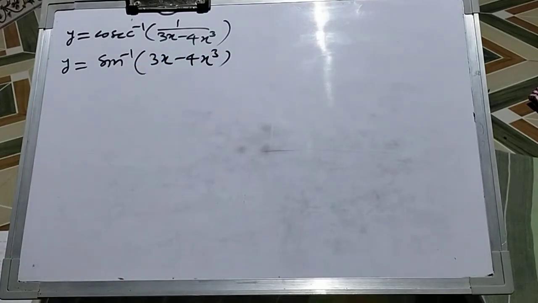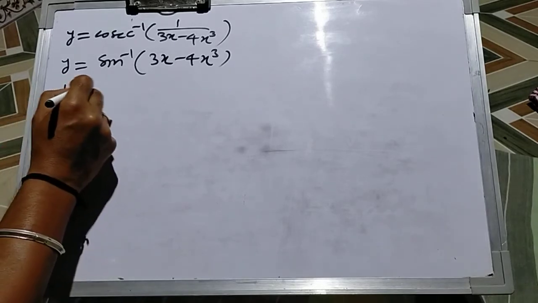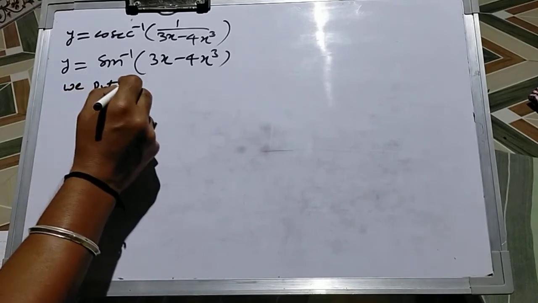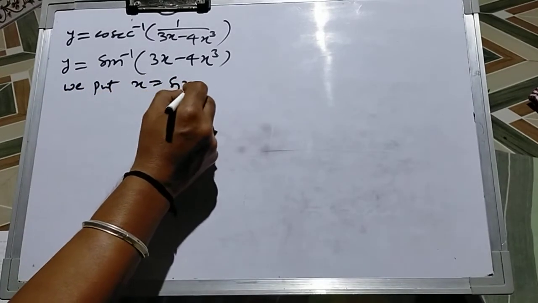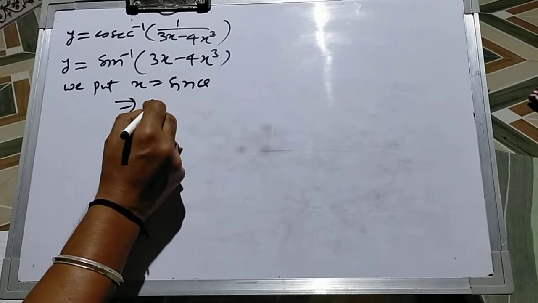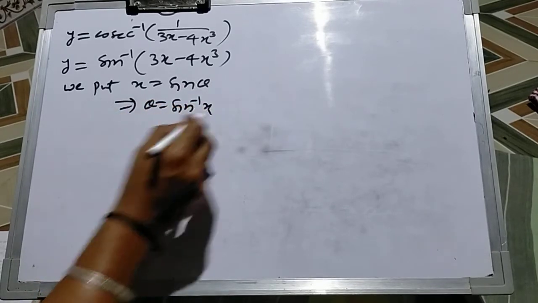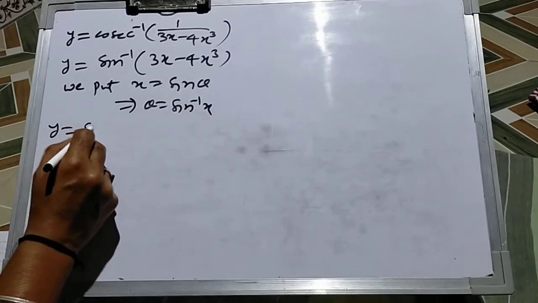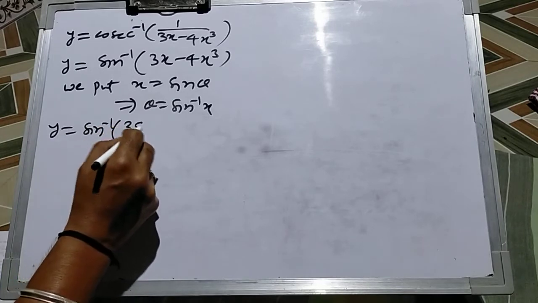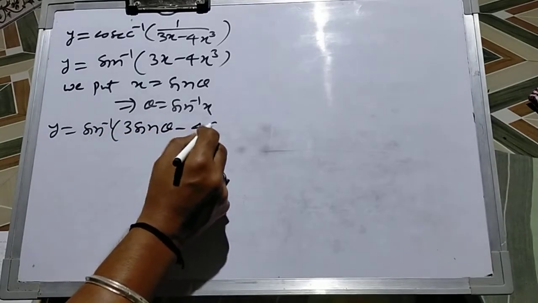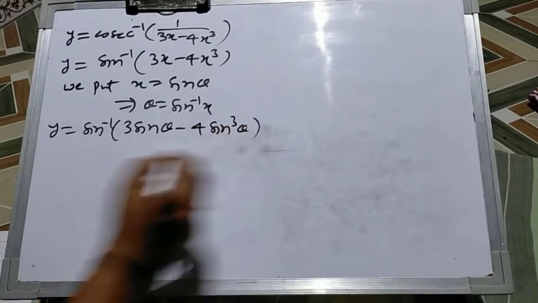Now whenever the term is 3x minus 4x cube, we use the substitution x is equal to sin of theta, so this implies theta is equal to sin inverse of x. So y is equal to sin inverse of 3 sin theta minus 4 sin cube theta.